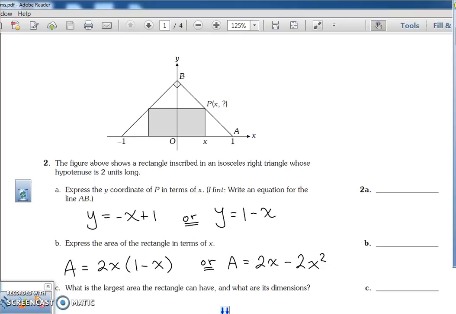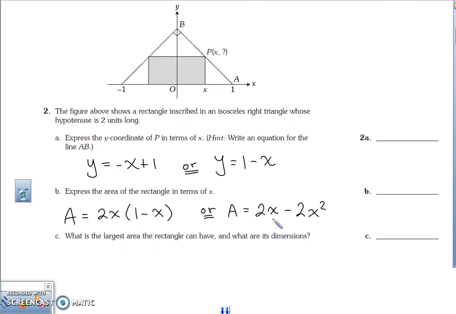And then finally, I also want to clarify this problem here from Thursday. Especially in first period, we had a hard time with this, understanding the derivative part of this. So take the derivative of 2x minus 2x squared.